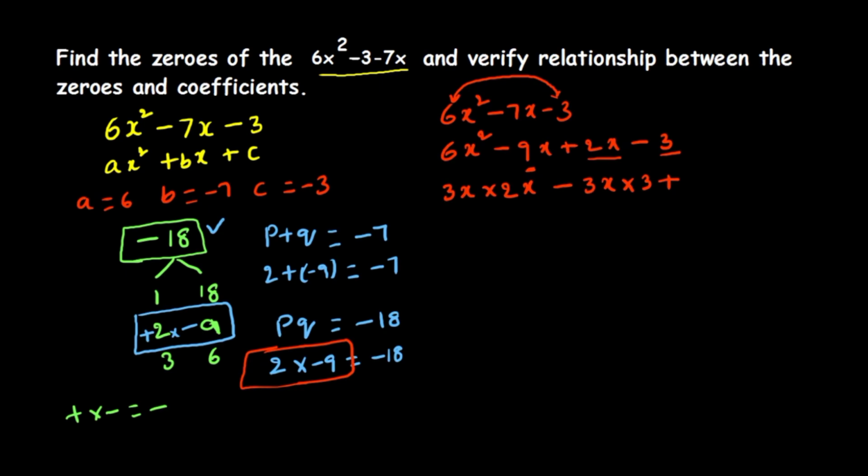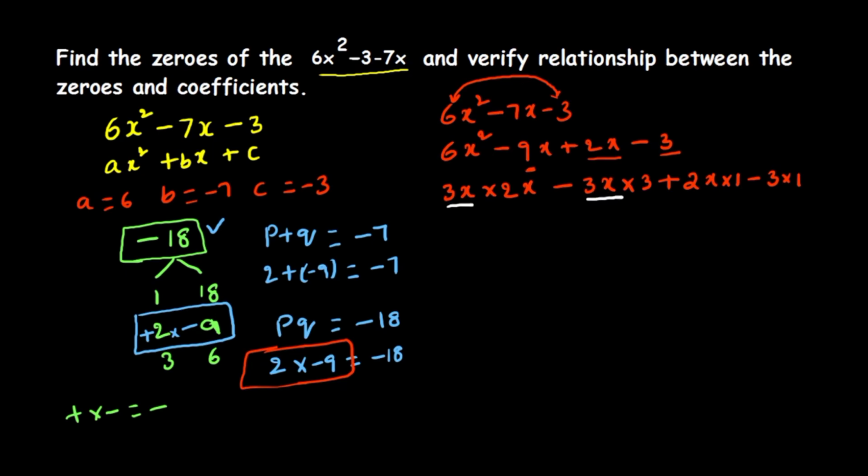So what I do now, I take 1 as the factor here, because 1 is the factor of every number. So 3 into 1 also I can write, because 3 1s are 3. Now we take 3x as the common factor from both.